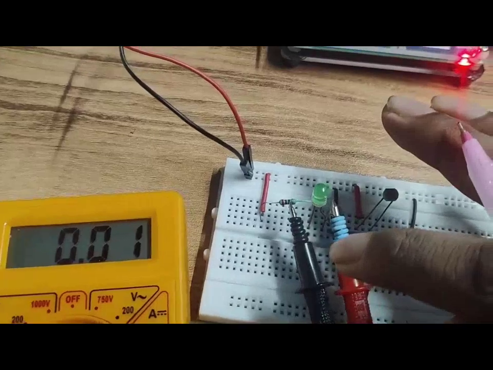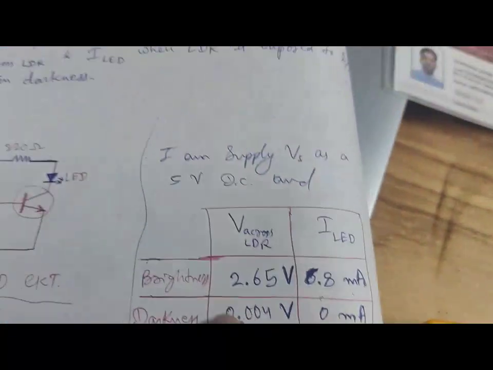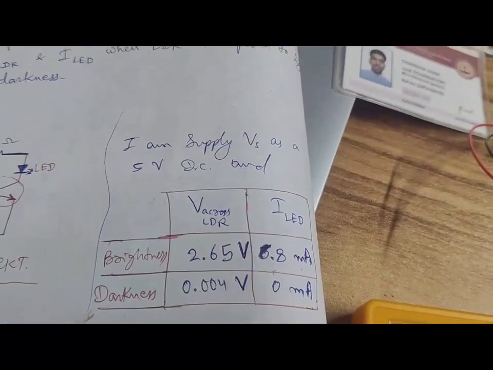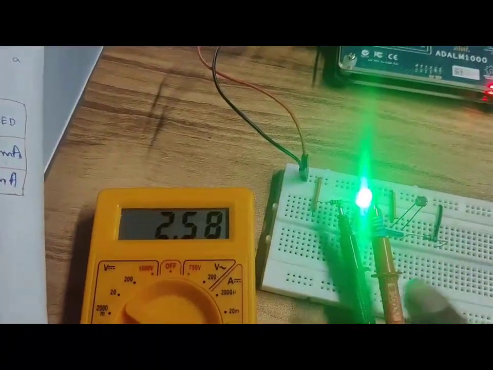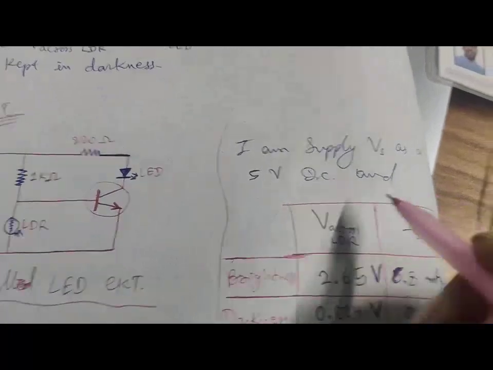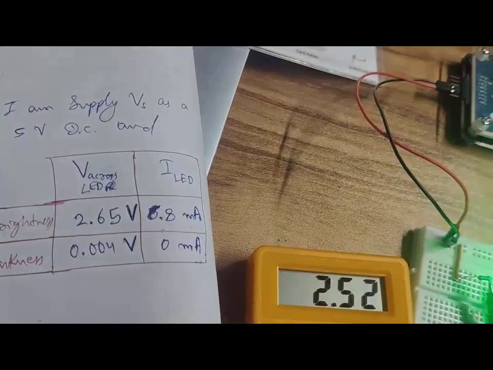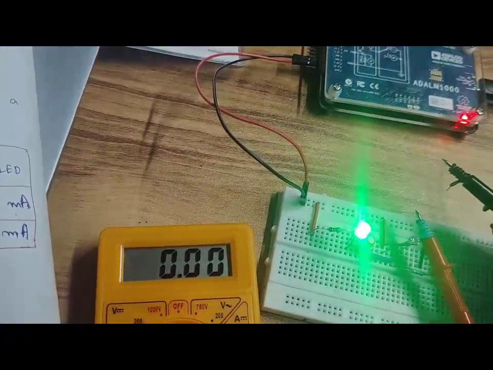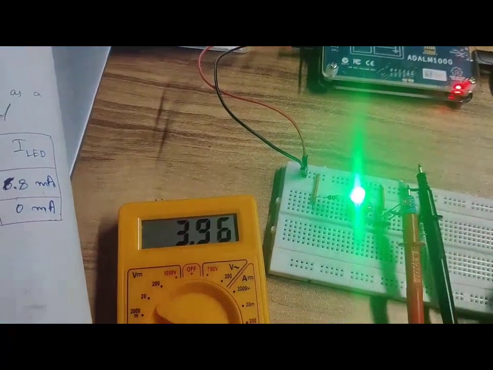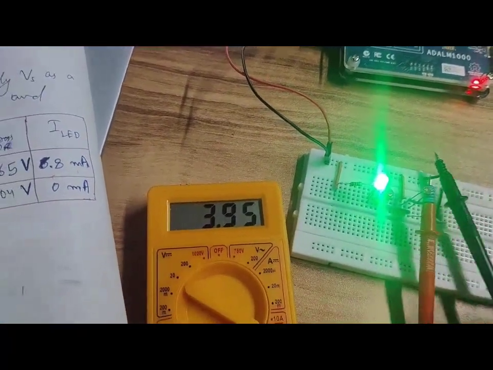Now we are going to measure the V across LED. I already measured brightness is 2.65 and darkness is 0.04 last time. Now you can see V across LED is 2.65, and now we are going to measure V across LDR.